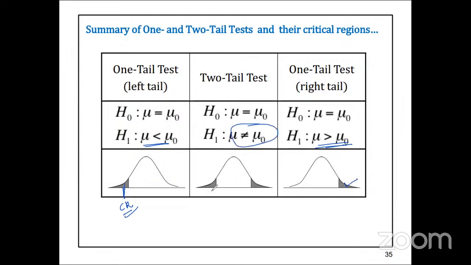And when you have a two-tailed hypothesis, then the critical region will be on both sides. That is the effect of the alternative hypothesis on your decision making. When you change your alternative hypothesis, critical regions change and your decision may change. So you must be very careful how you set up the alternative hypothesis.